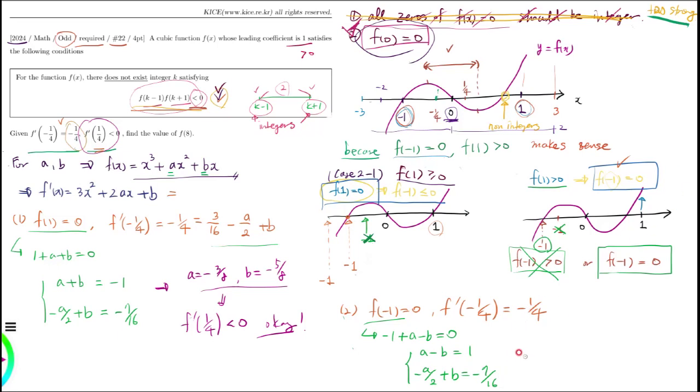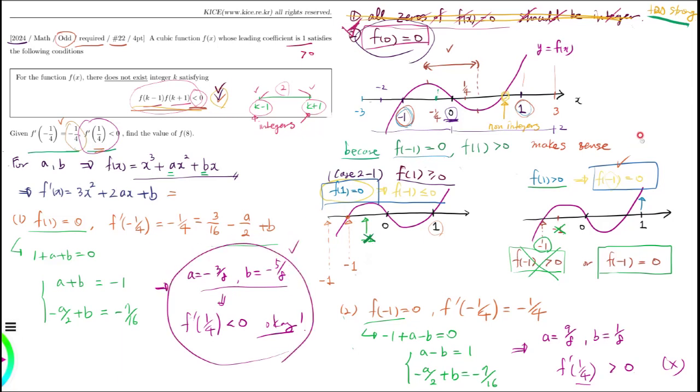If you solve this system of equation, you will get 9/8, and for the b 1/8. So this will not give you a negative value of its derivative at the point of x equals a quarter. So this is not the case. We have to choose this case.